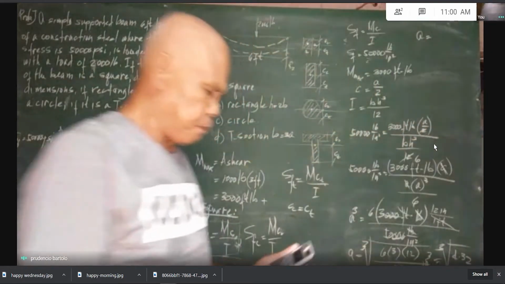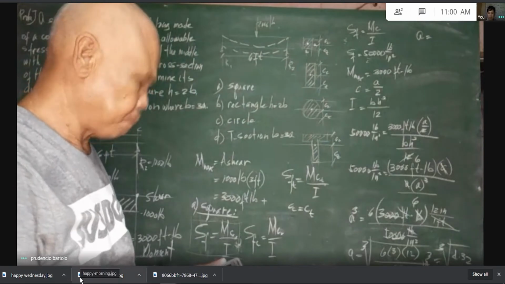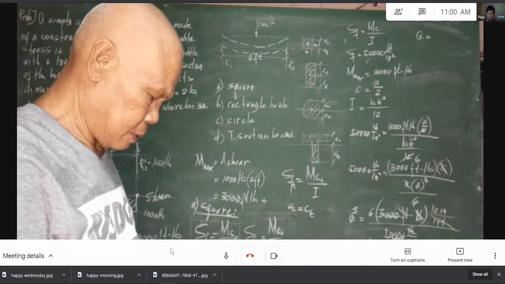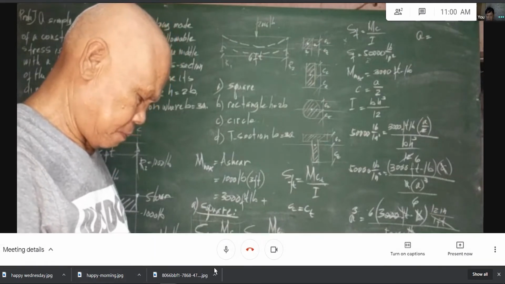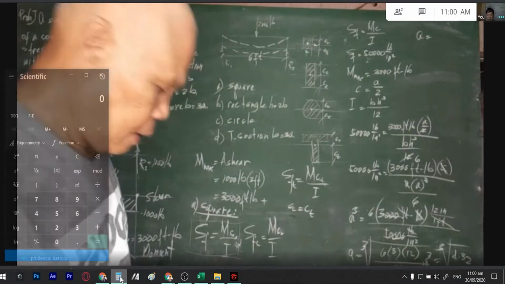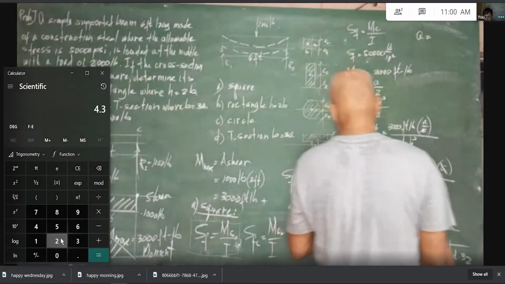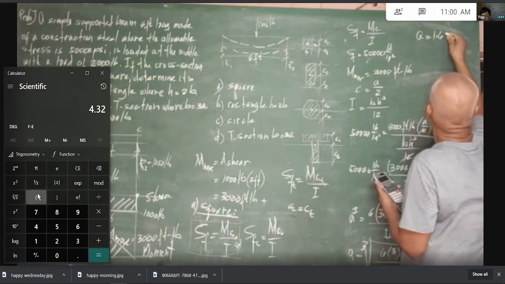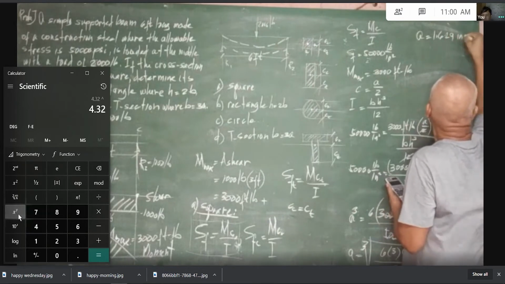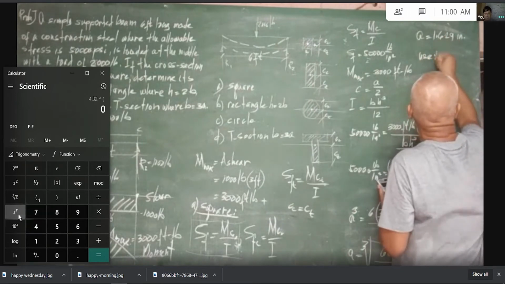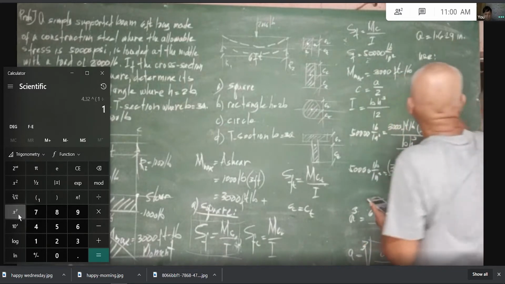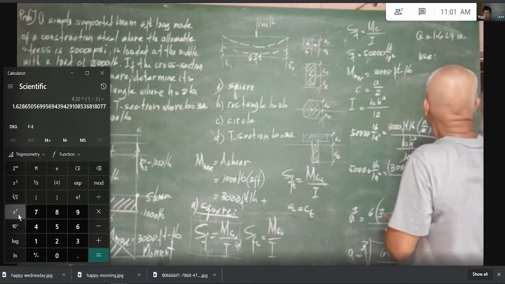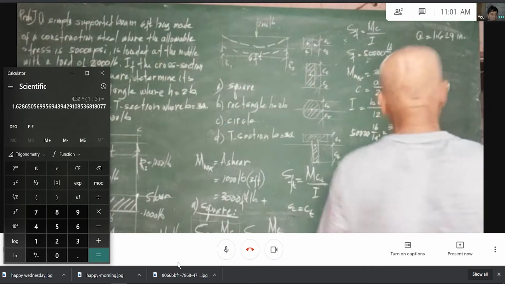So a is equal to 1.629 inches. So we check from 1.629, that is the computed value.